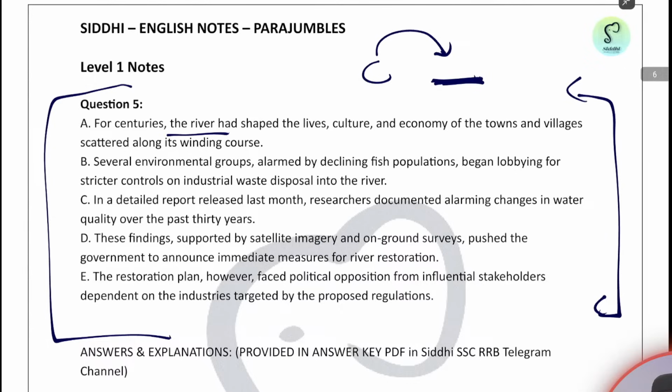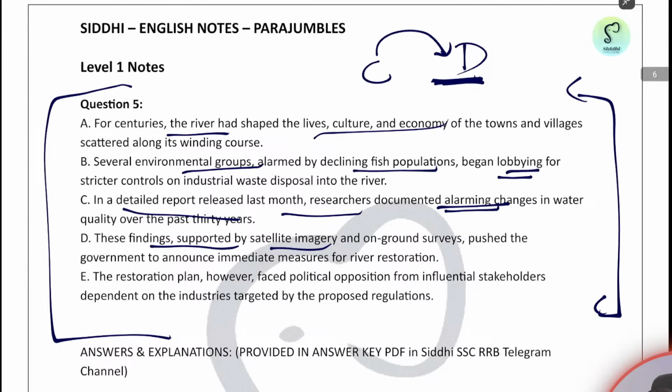Now, for centuries, rivers shaped the lives. Several environmental groups, alarmed by declining fishing population, started to lobby a lot. In a detailed report released, they documented alarming changes. These findings, supported by satellite imagery, very good.